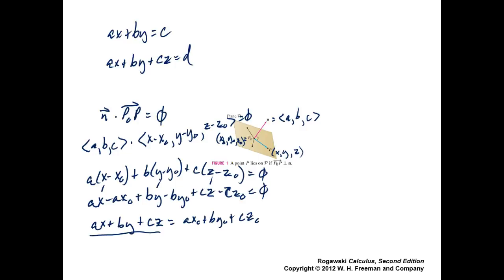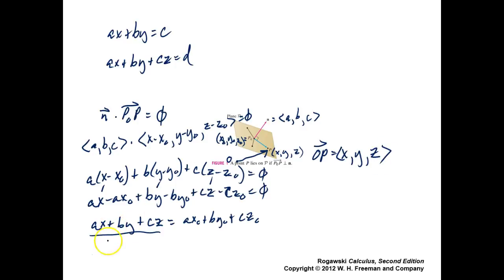Wherever the origin is, let's just put it right here. There's the origin, O. Because the origin is 0, 0, 0, the components of this vector OP would be X, Y, Z, right?